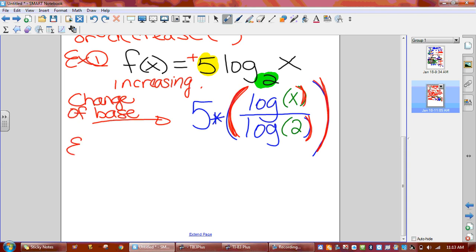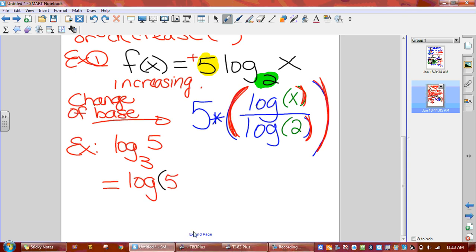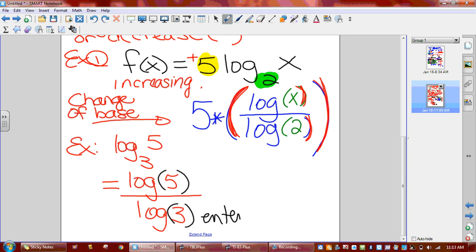So if I've got log base 3 of 5 and I needed to evaluate that, I'm going to type in log, open a bracket, put in my 5, close the bracket. Then I would divide by log, open a bracket, 3, close a bracket, enter. You don't have to double close on this one. Okay, so that's how you would type it in.